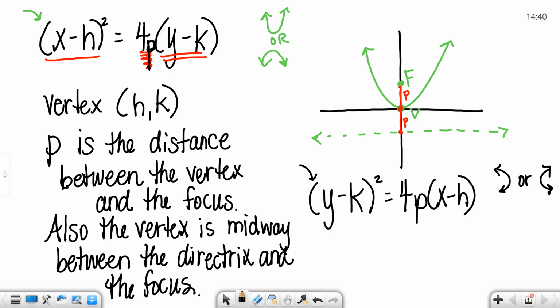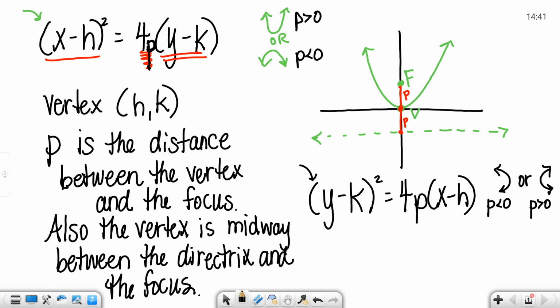And it depends on whatever the p value is. If p is positive on this first equation, then it opens upward. If p is negative, it opens downward. A lot like the a value was originally in parabolas that we learned. Over here, on the second one, what opens left or right, if our p value is negative, it opens to the left. If our p value is positive, it opens to the right.